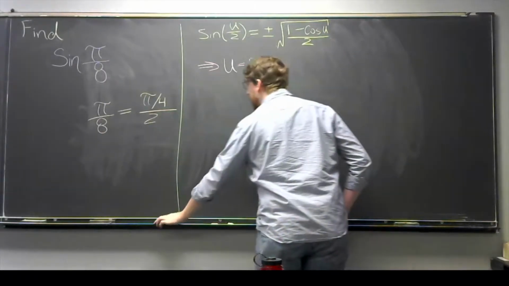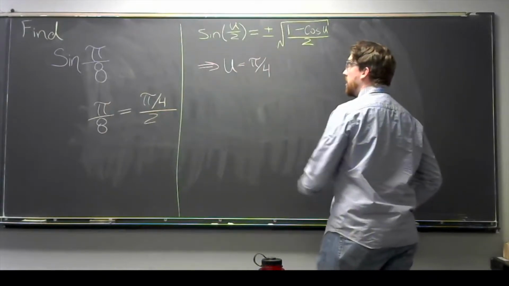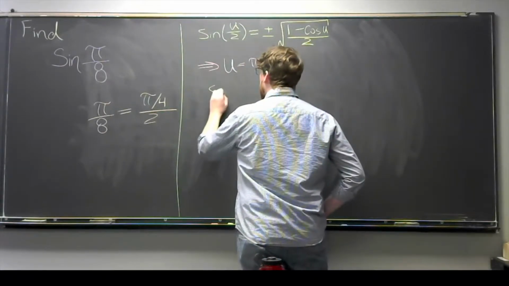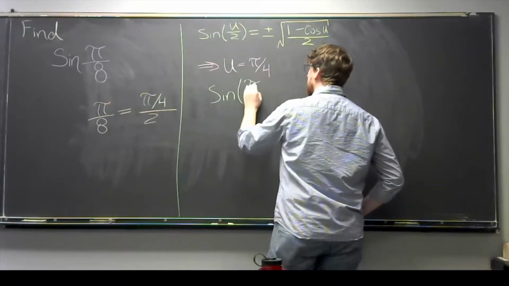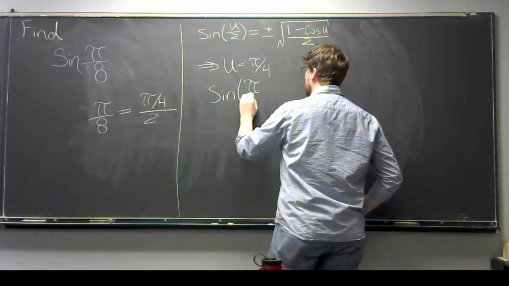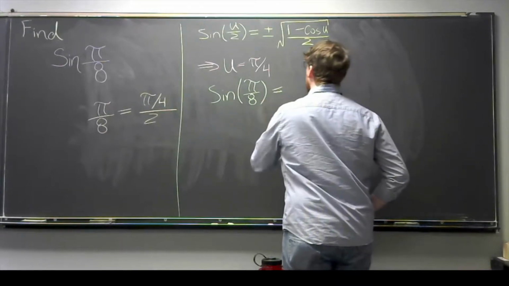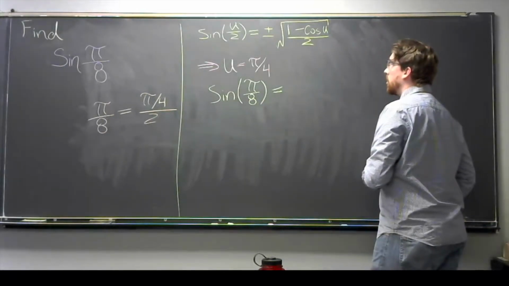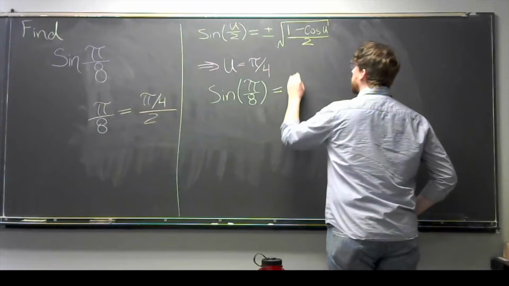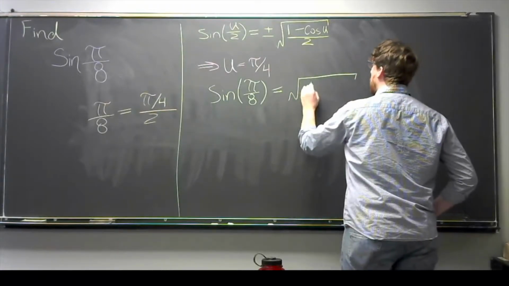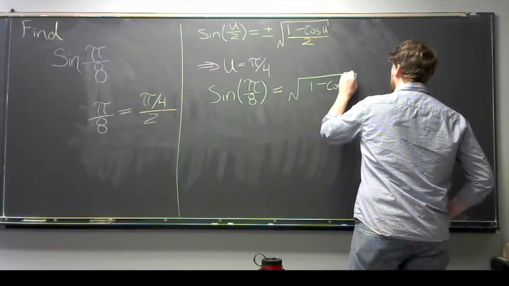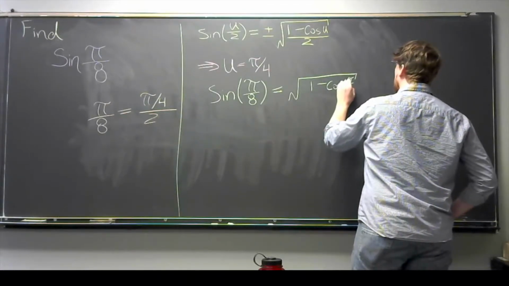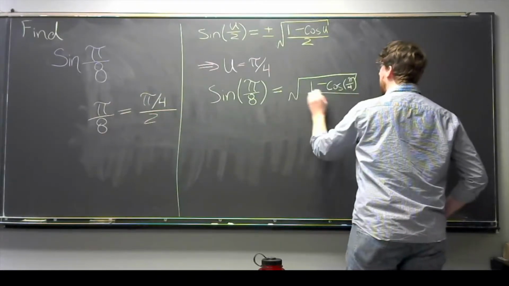So, it must be the case then that sine of pi over 8 is equal to the square root of 1 minus the cosine of pi over 4, all that divided by 2.